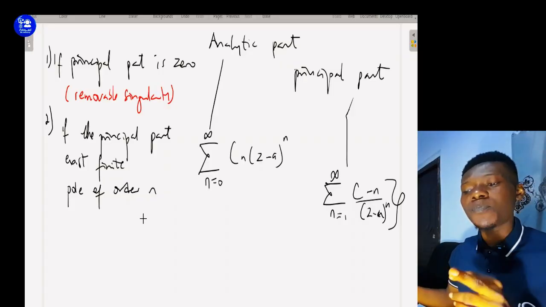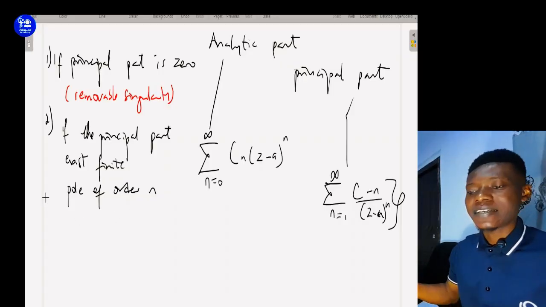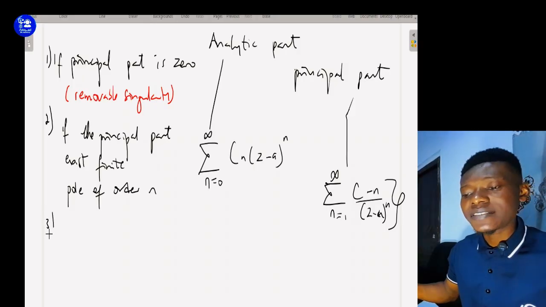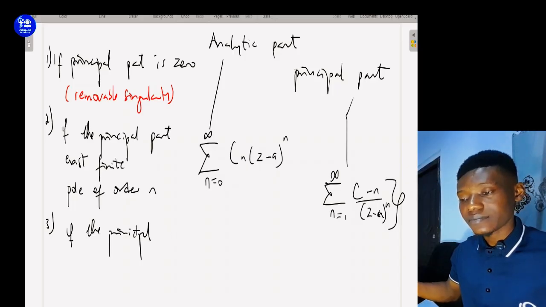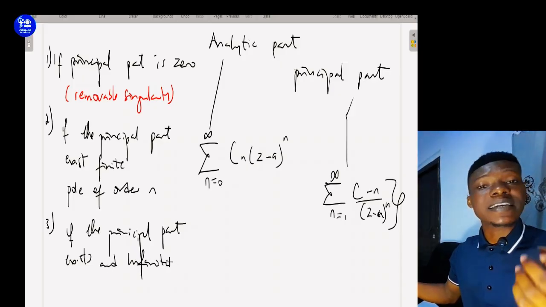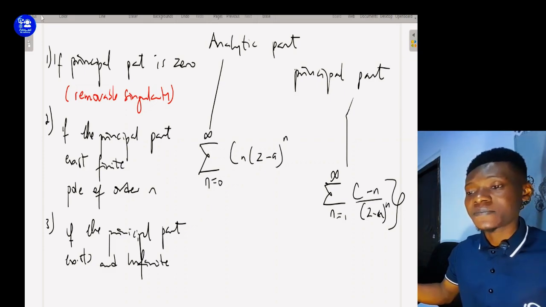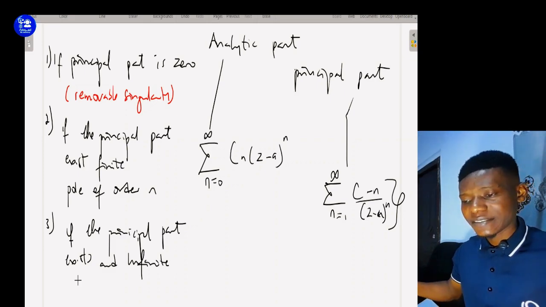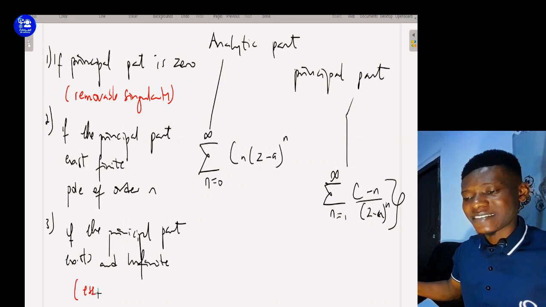So you call it a pole of order n. Now, the third thing you need to know is that if the principal part exists and it is infinite, then you call it an essential singularity.